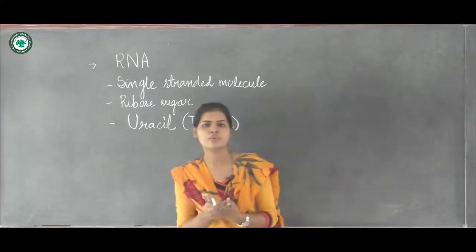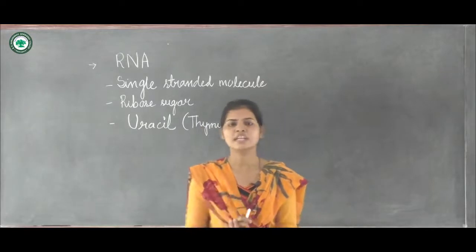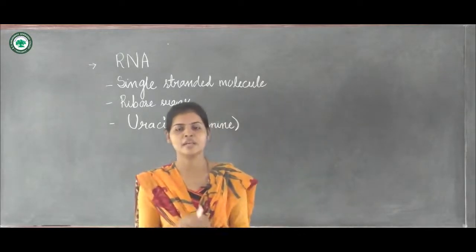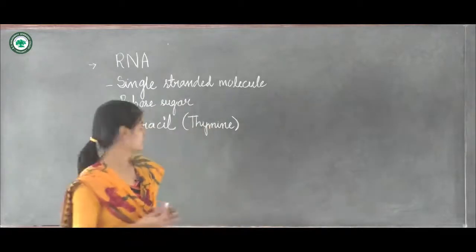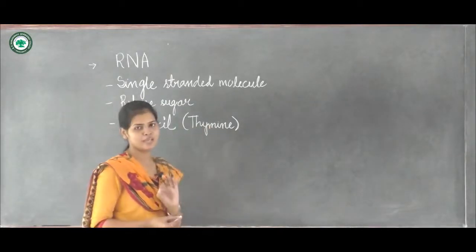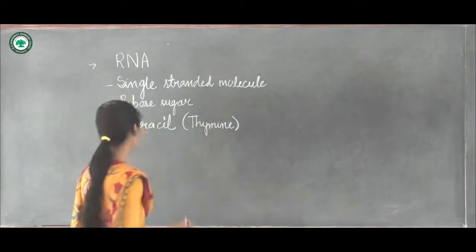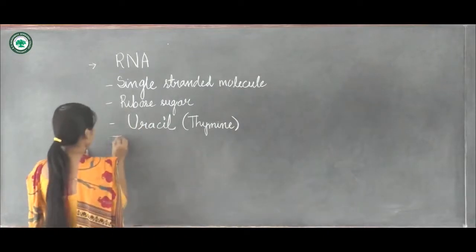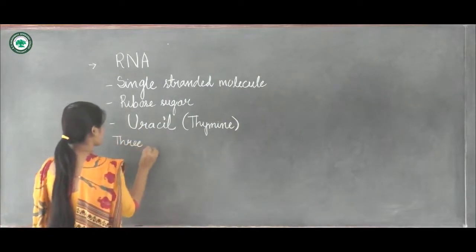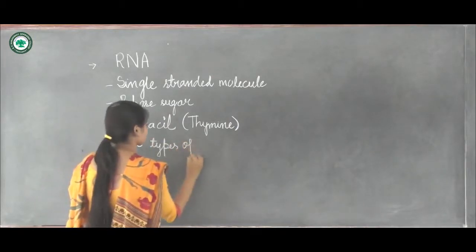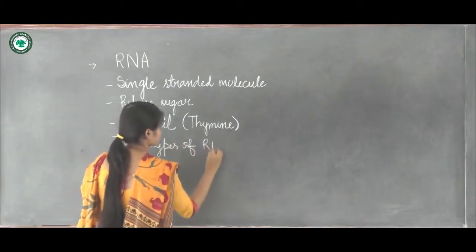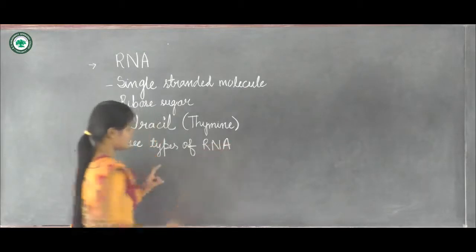Now next we will see the three types of RNA which are present in a cell.